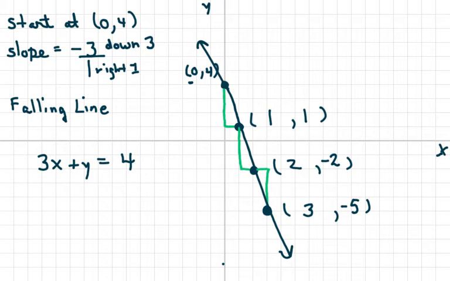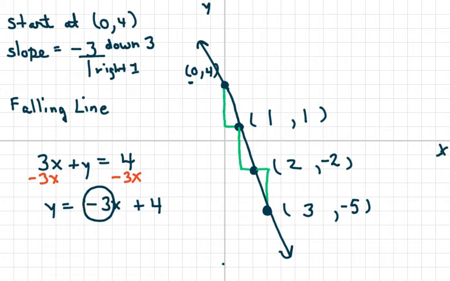And I said I want to solve for the y. Okay, so I'm going to subtract 3x from both sides. And that's going to give me y is equal to negative 3x plus 4. Y's all by itself. That's the number that tells me about the slope. And I started you off here with a negative 3. And I said, let's start with a y-intercept at 0, 4. So that's where I got it from that equation.